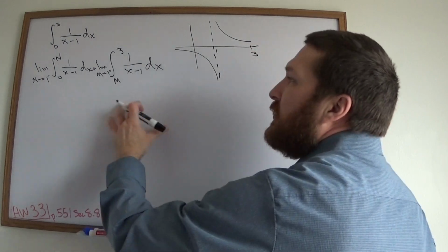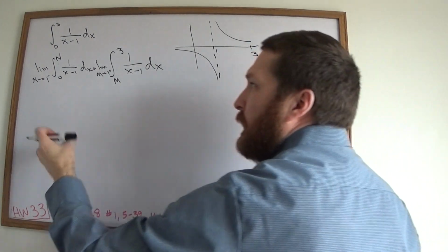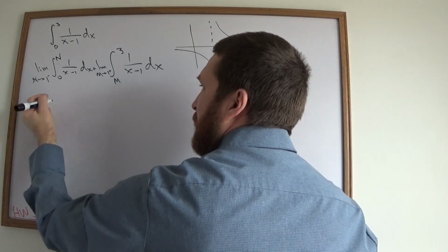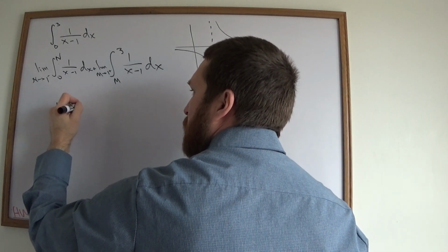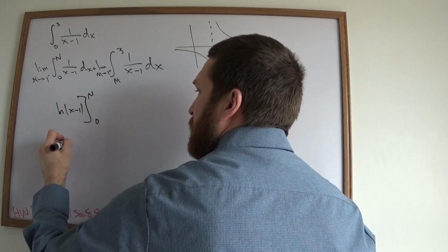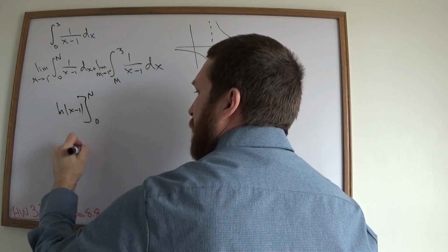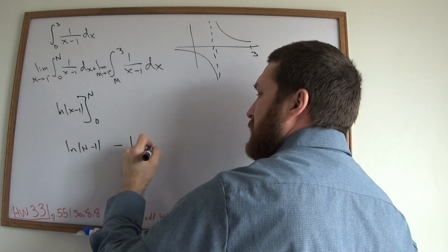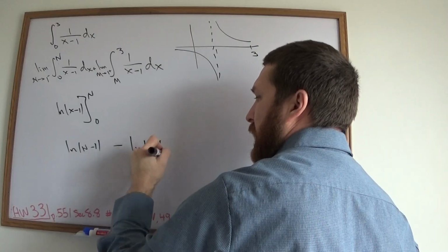Let me show you how I would work on this. The antiderivative of this is log of x minus 1, evaluated at n and 0. So we get log of n minus 1 minus log of 0 minus 1.